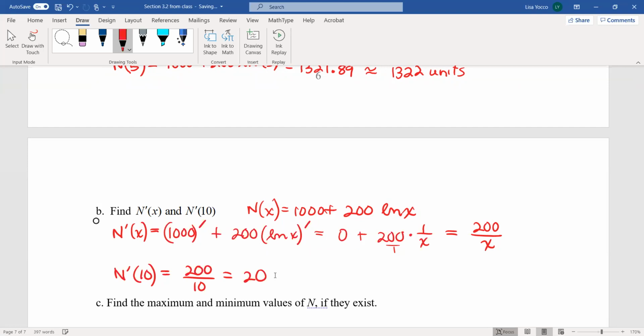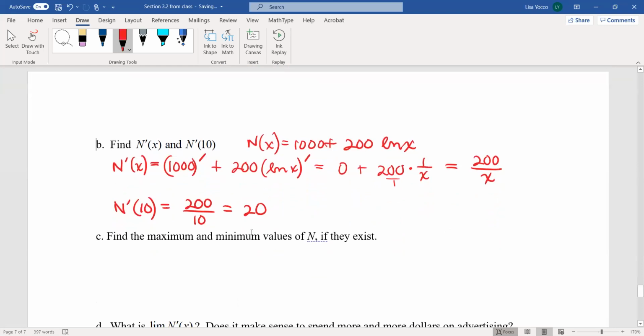All right. Find the maximum and minimum values of n if they exist. So we would do that by setting the derivative equal to 0. Well, my derivative is 200 divided by x.